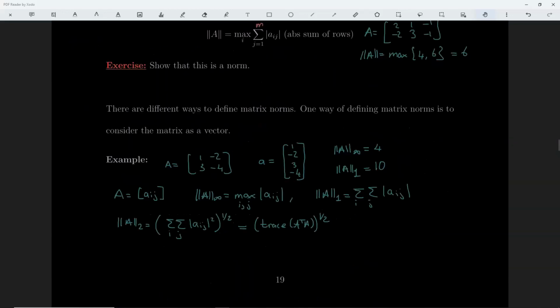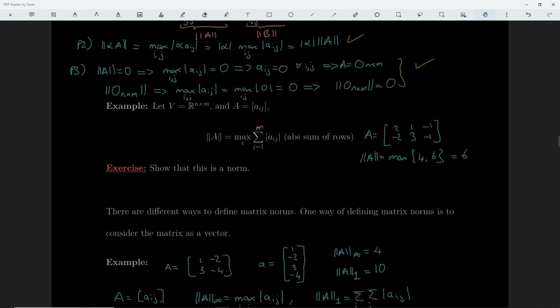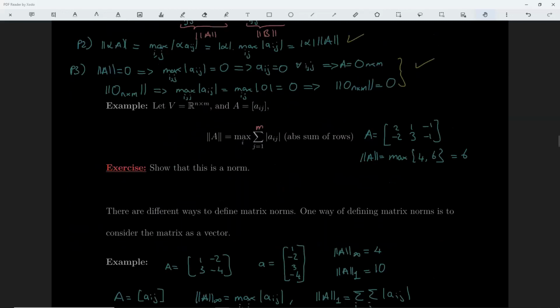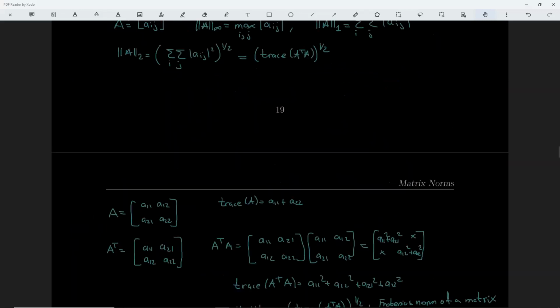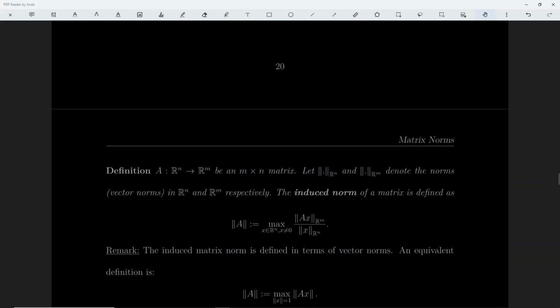So that was another way of defining norms. You need to show that the definition satisfies the axioms of a norm separately, just like we did over here. So this is another family of norms defined on matrices. Is that okay?